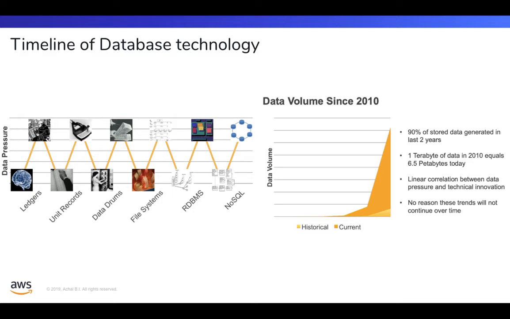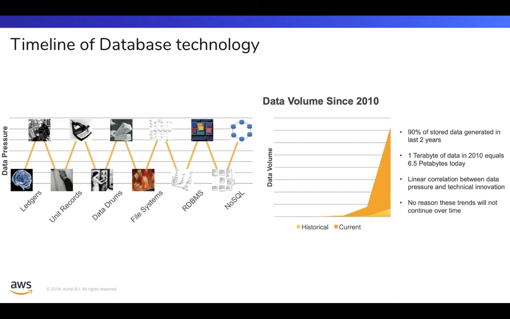So we are expecting more data to be produced, and our database options have to be open to such huge data storage. We need to understand that there are two different variants: RDBMS is the SQL variant, and DynamoDB is the NoSQL variant.